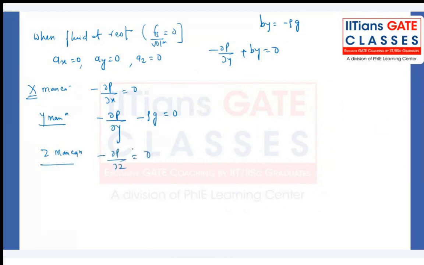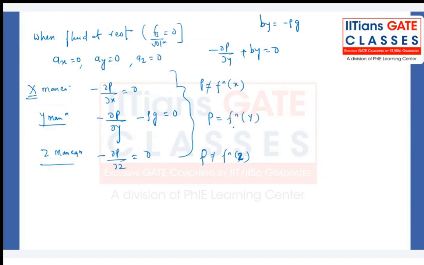That is 0. So from here what we can conclude: pressure is not a function of x, pressure is not a function of z, that means pressure is only a function of y.